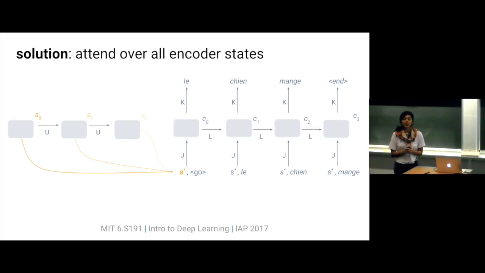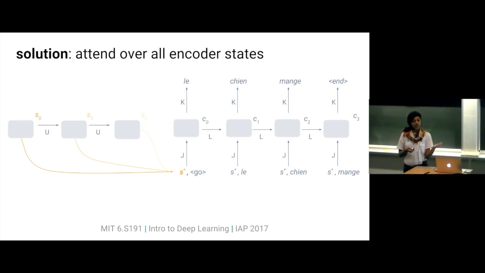And this basically means we're attending over all of the encoder states. So the feature vector that's fed in to our decoder, that's telling our decoder what the original sentence was about, is not just the last cell state, but a weighted sum of all of the cell states from the encoder model.